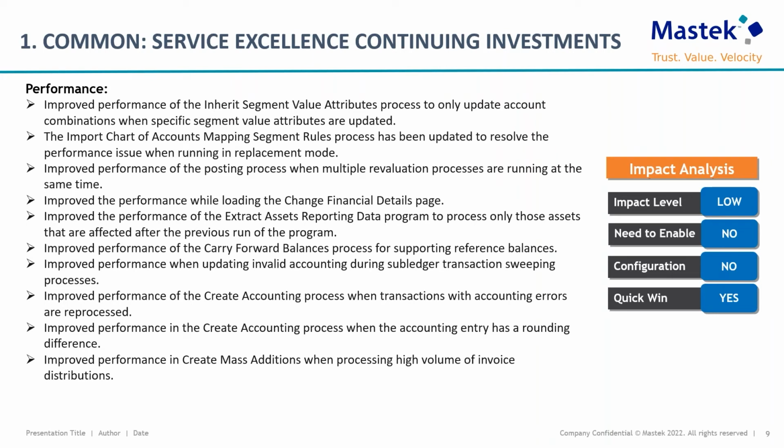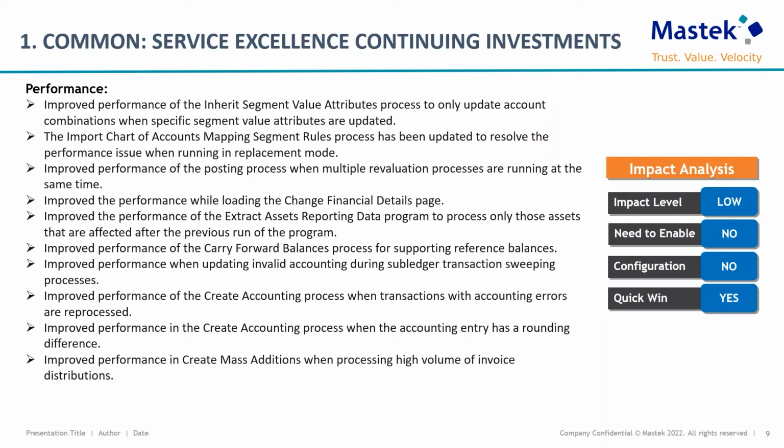Next, the next compartment that we have is for performance. So in this quarterly upgrade, Oracle has done improvement to increase the performance of various processes, which might take a longer time to run, or which might put system resources to test.